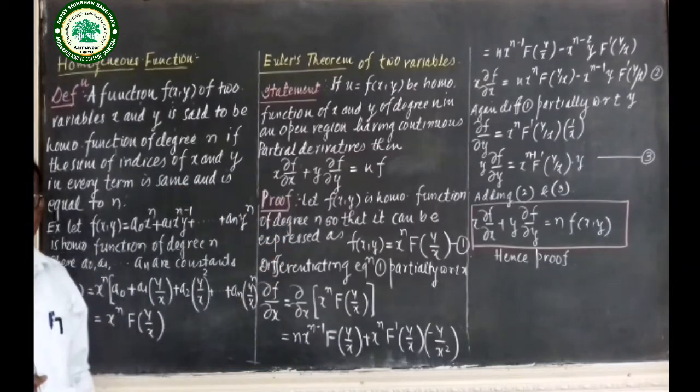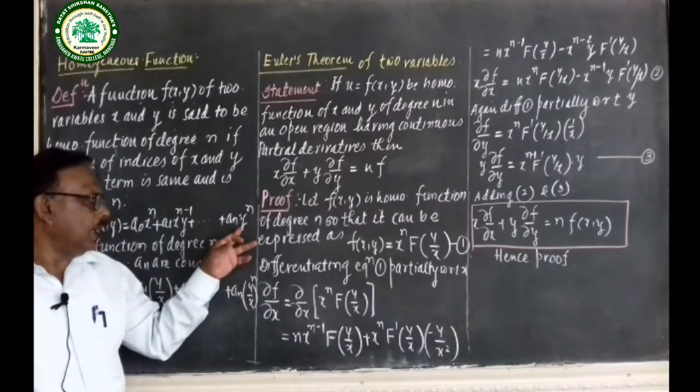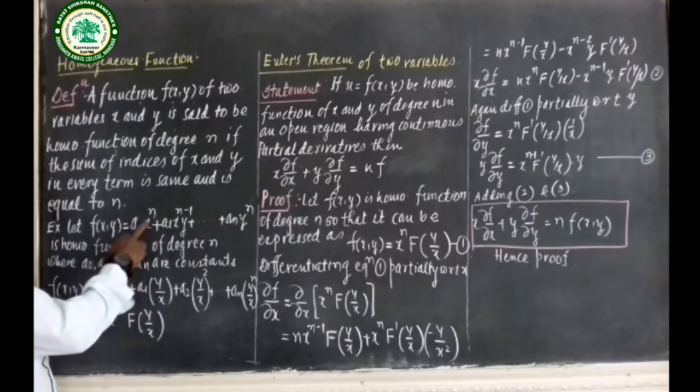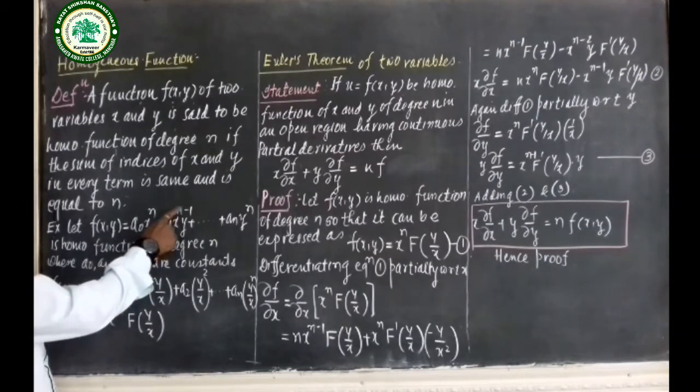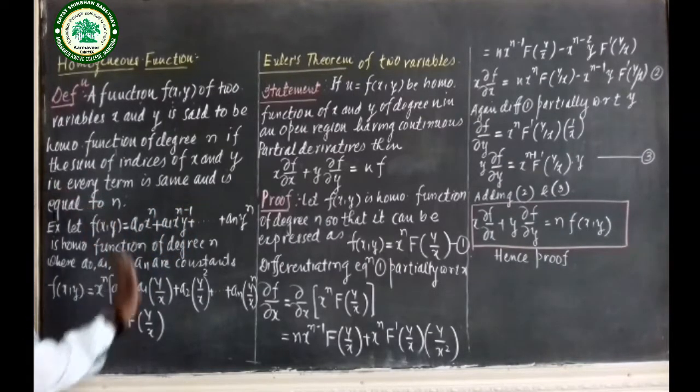Try to understand here. For a0, the degree is n. For a1 x raised to n minus 1, y raised to 1, the sum n minus 1 plus 1 is finally n.